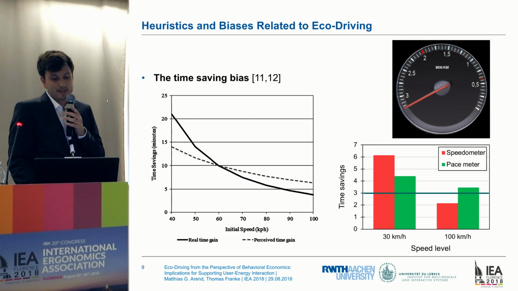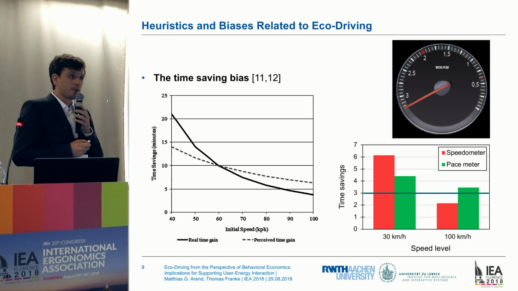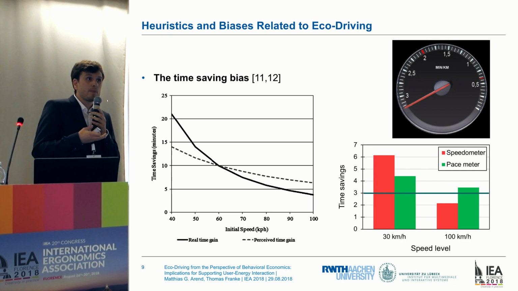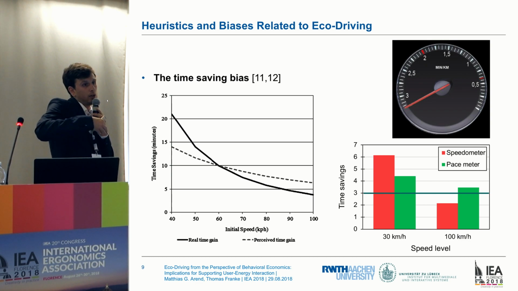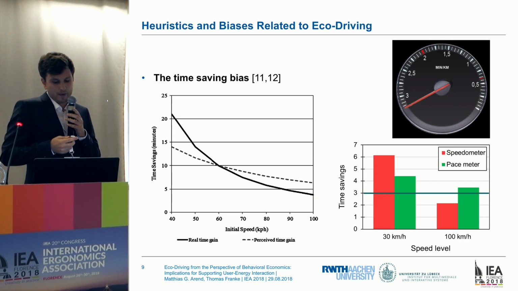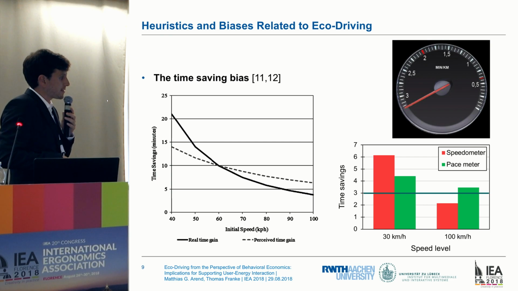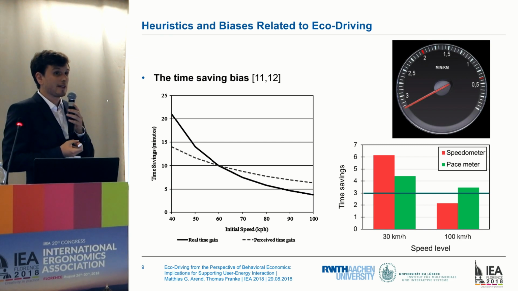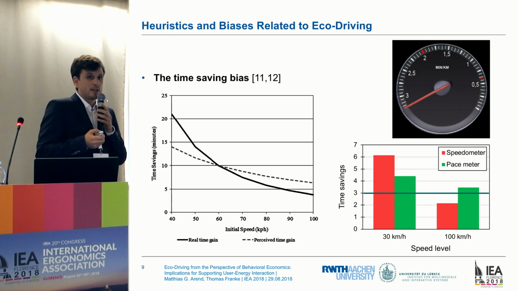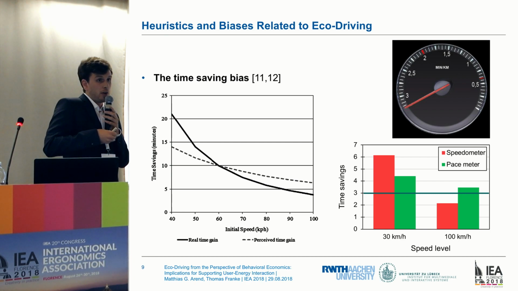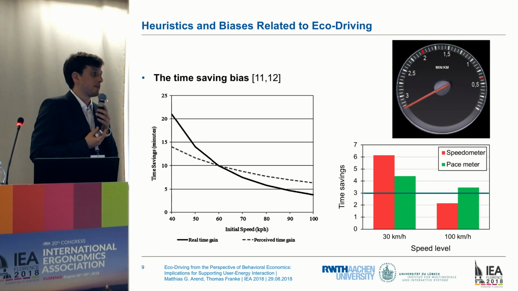The time-saving bias is a bias that occurs when humans shall estimate the time they can save when they increase the speed from a certain initial speed level to a target speed level within a certain distance. So in this figure, humans were asked to estimate the time savings when they increased the speed by 10 kilometers per hour for a driving distance of 50 kilometers.